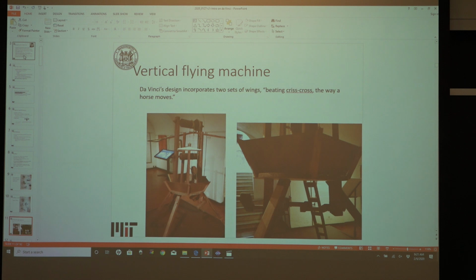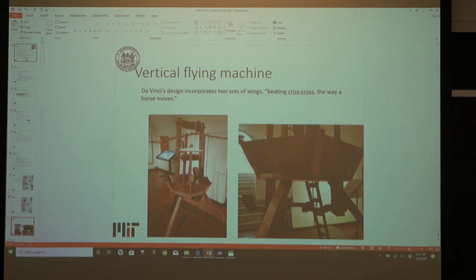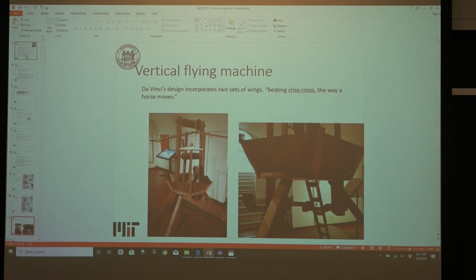It required the use of all limbs. It used both legs, it used both arms, and it actually also used the individual's head to generate the energy for the lift. But you had a retractable ladder here, and you also have multiple gears on the bottom here that are coupled to these wings. And he referred to it as a beating crisscross, the way a horse moves.